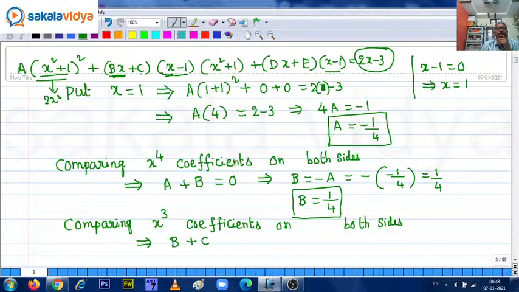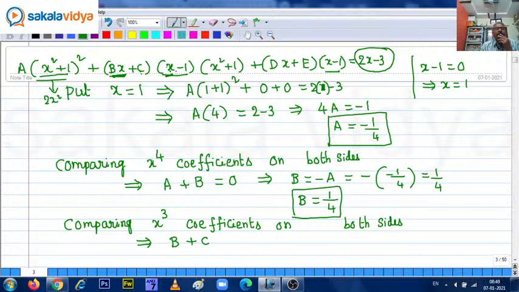See bx into x, bx square, right? Bx square into plus 1, bx into x, bx square, bx cube plus b.